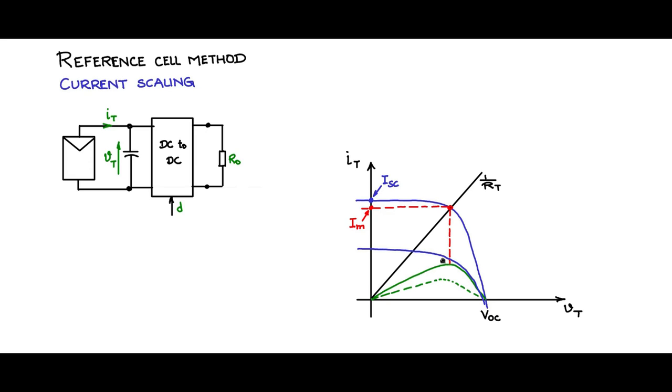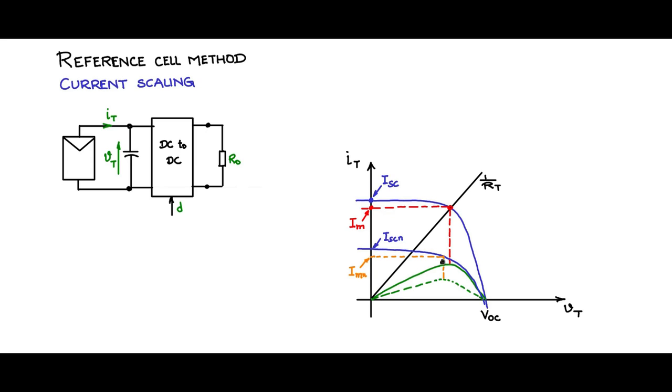When you take that up and draw the horizontal, you will have IM new, IMN, and this will be ISC new, ISCN.